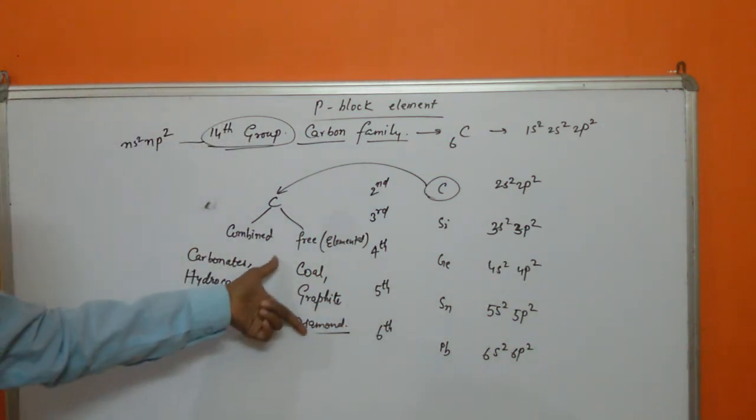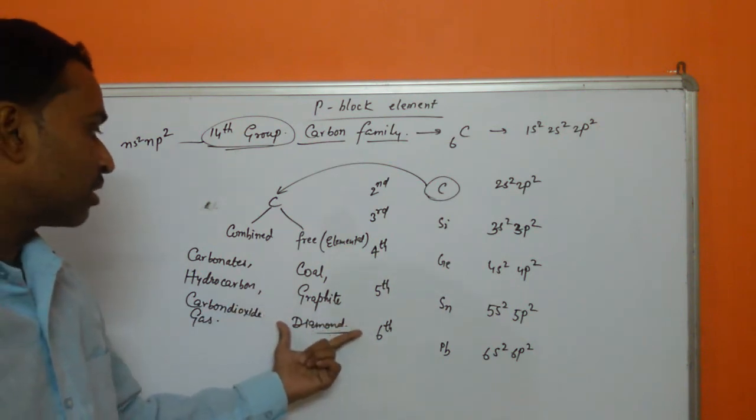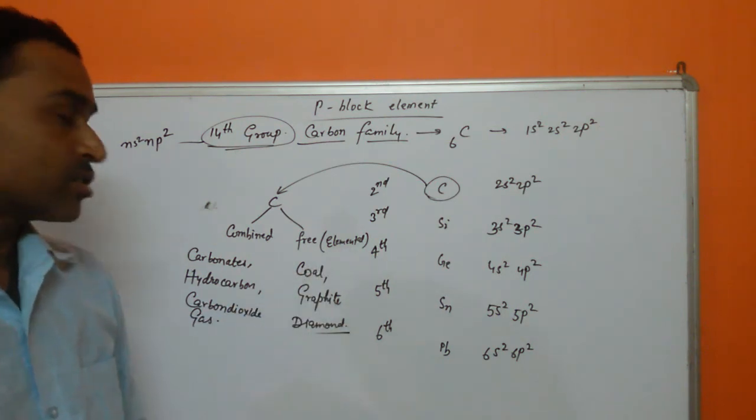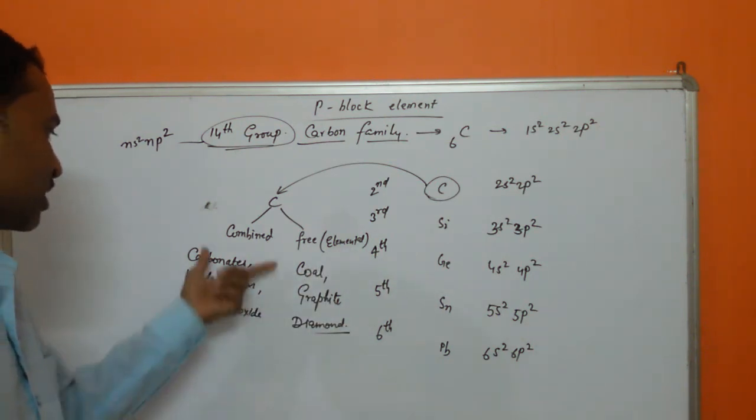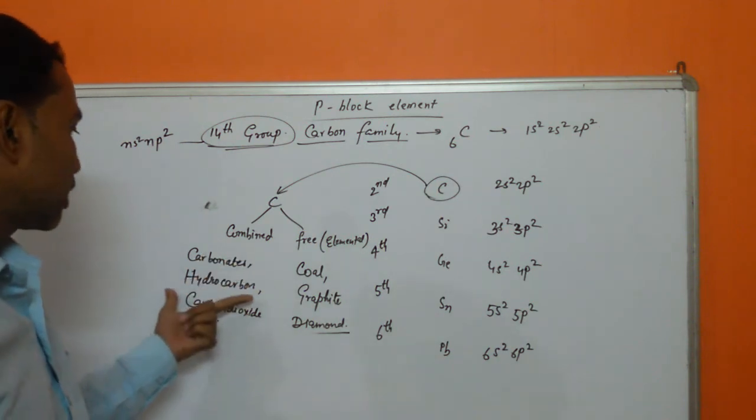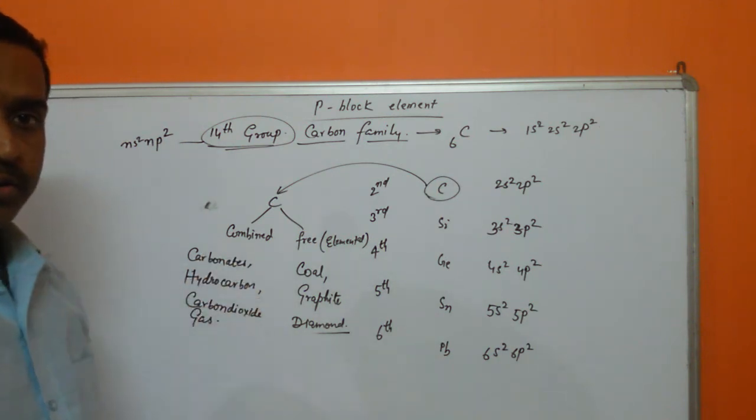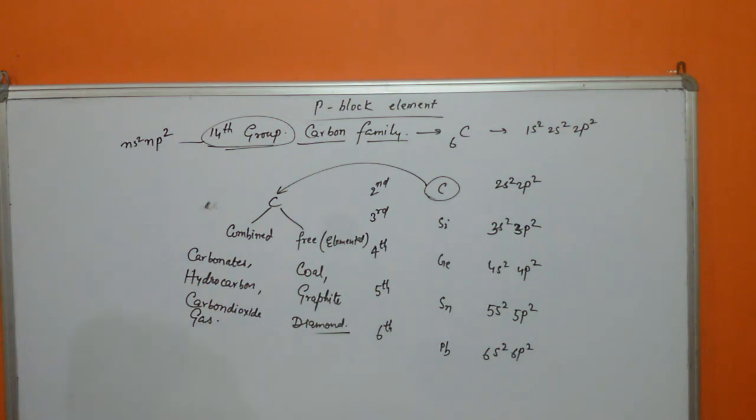All these three are the forms in which carbon is found in the free state, whereas in the combined state it is found as carbonates, hydrocarbons and carbon dioxide gas. Okay.